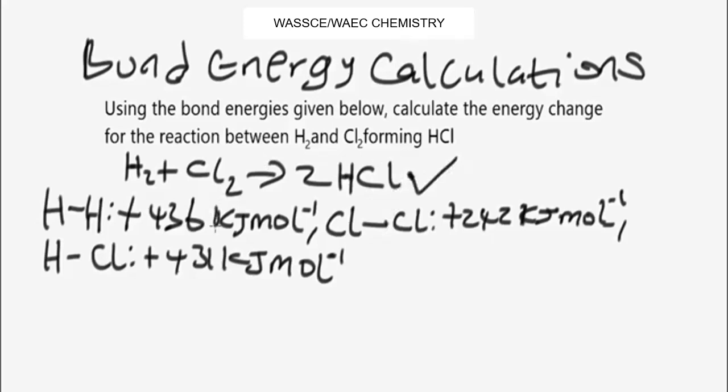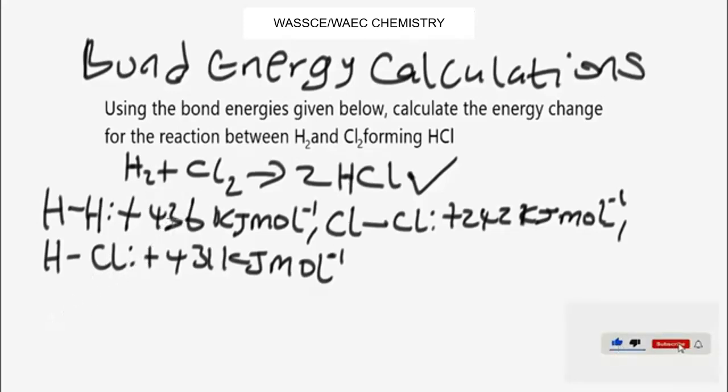Now, the first thing you have to do is to find the energy required to break bonds and also find the energy released by forming bonds. So let's find the energy required to break bonds. Now, to find the energy required to break original bonds, all we have to do is to add the bond energies for hydrogen molecule and chlorine molecule.